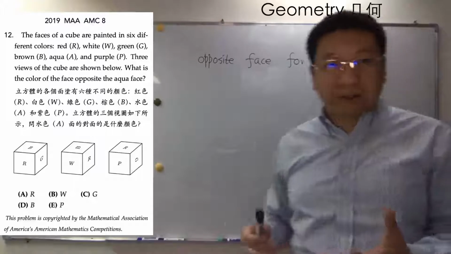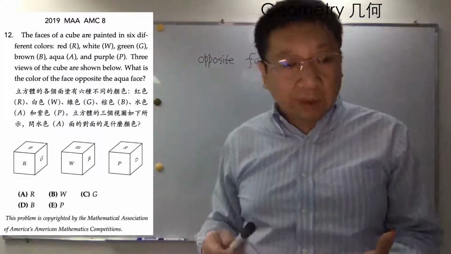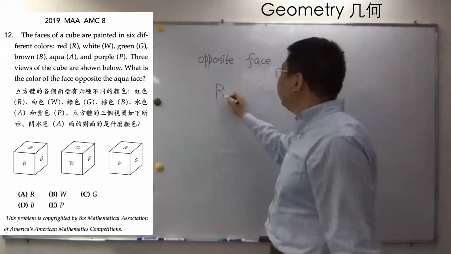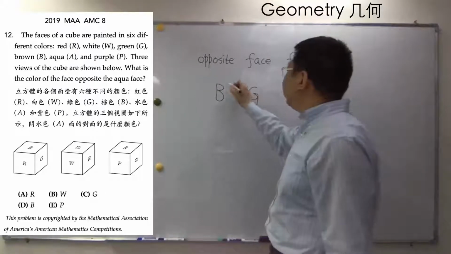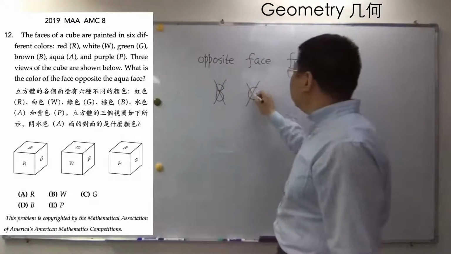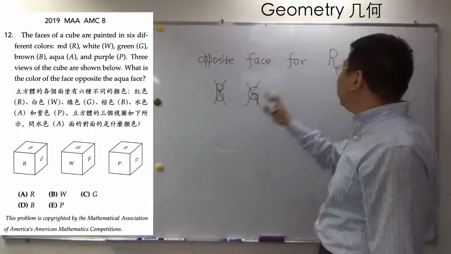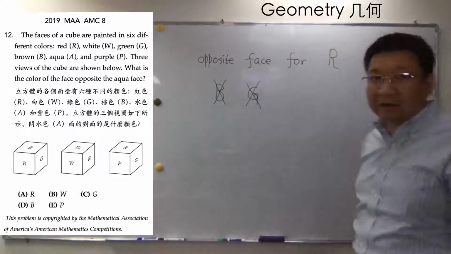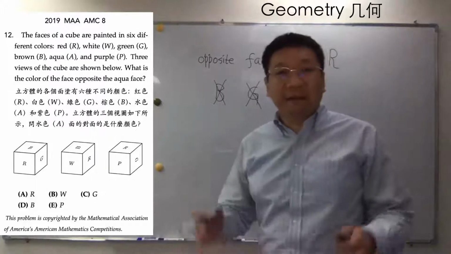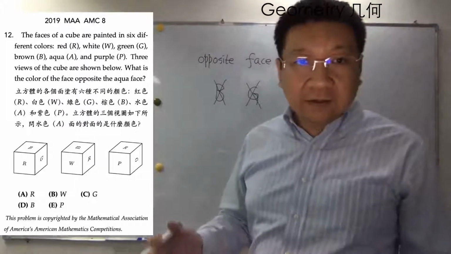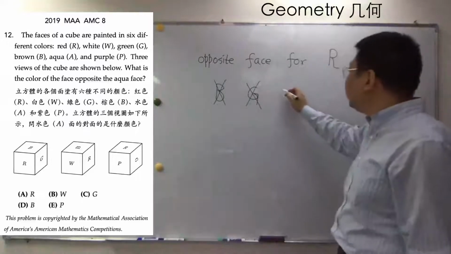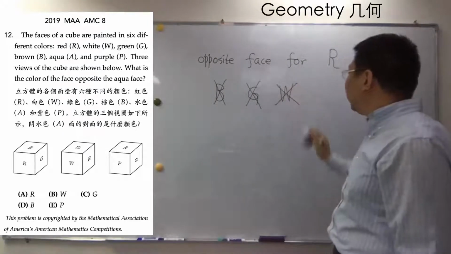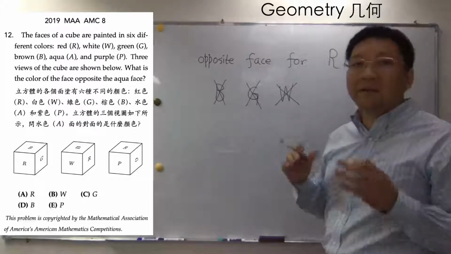From the first picture, we know that both B and G cannot be the opposite face for R, because this picture shows that B shares a common edge with R, and G shares a common edge with R. Similarly, for the second picture, we know that WB, B is already included, so W also cannot be the opposite face of R.